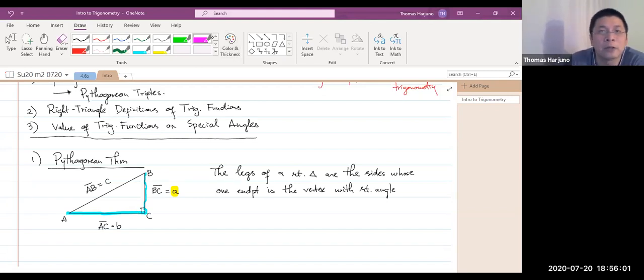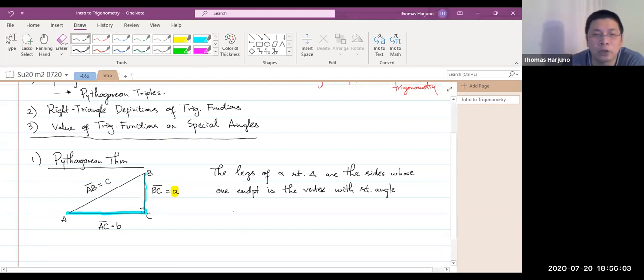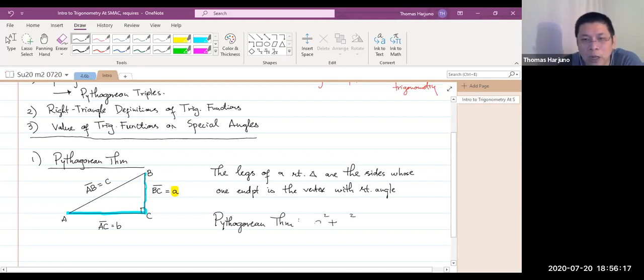Now, by the Pythagorean theorem, we have learned that the sum of the squares of the legs of a right triangle equals the square of the hypotenuse.